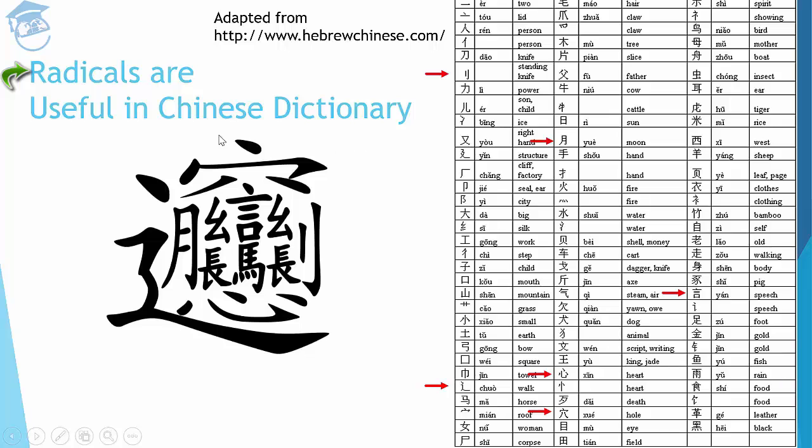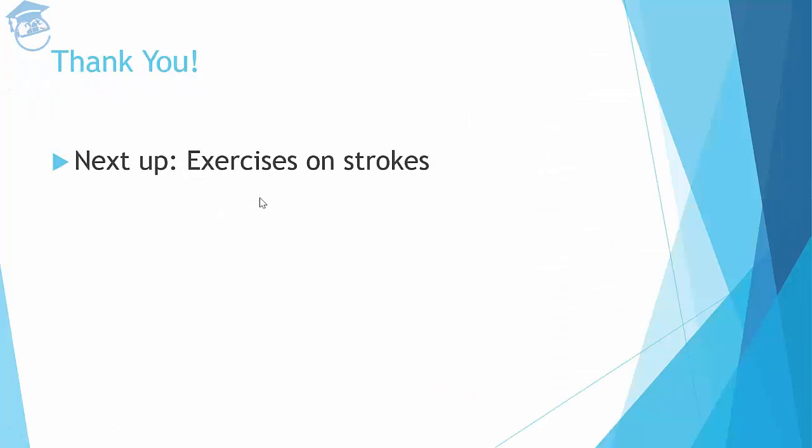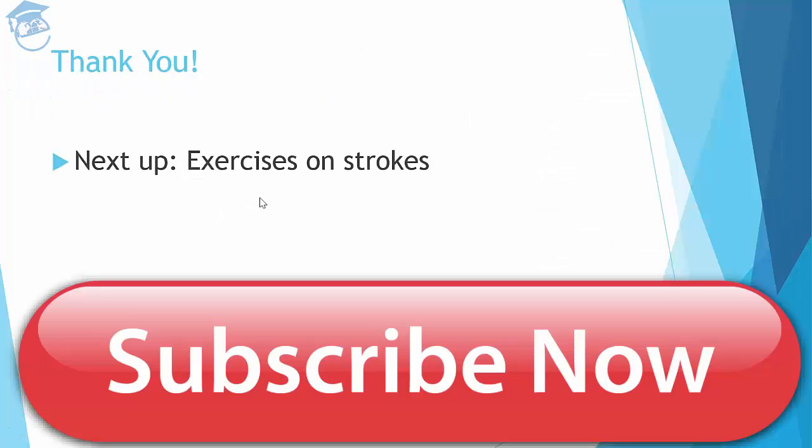So now you know this word in terms of its arrangement and also the radicals residing within this character. I hope you enjoyed this session. It has a lot of information about the evolution of Chinese characters.